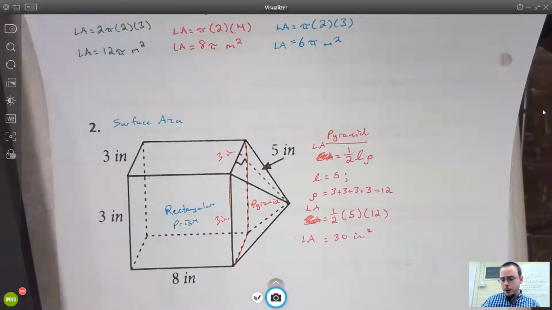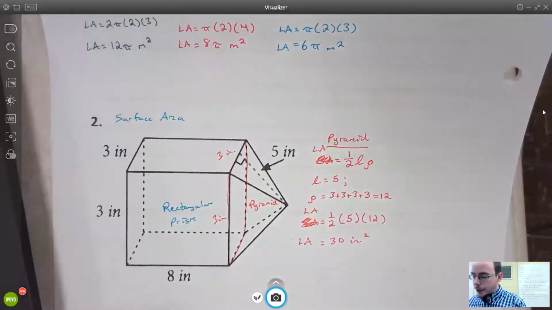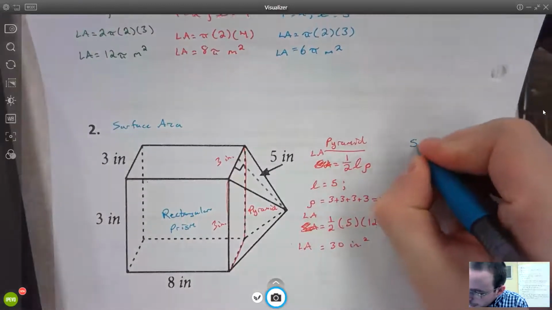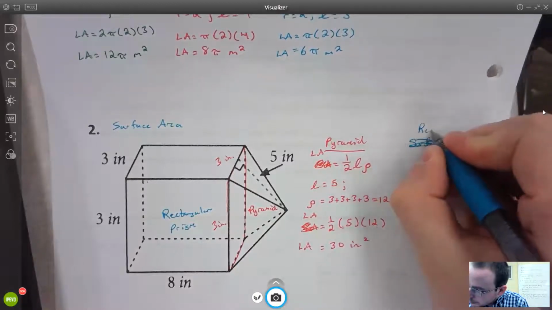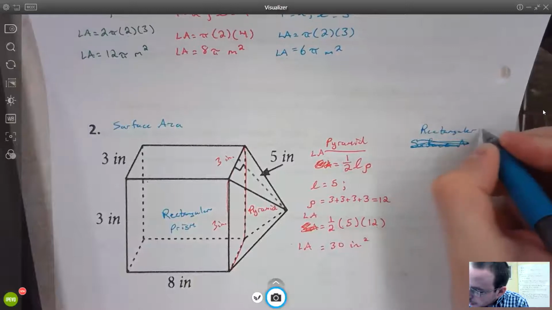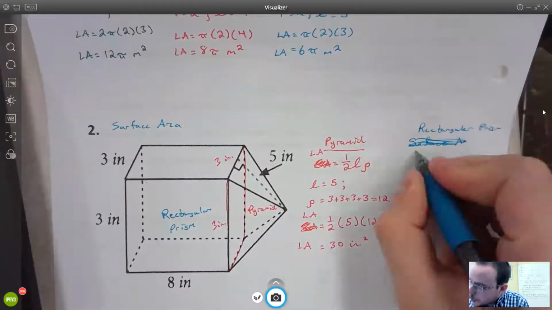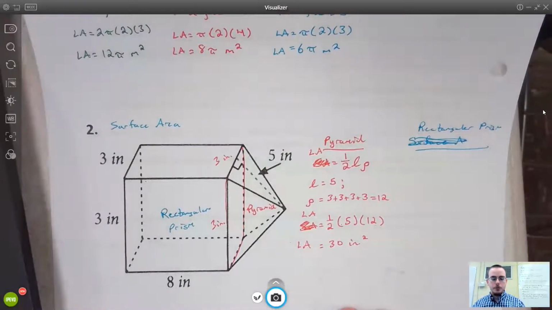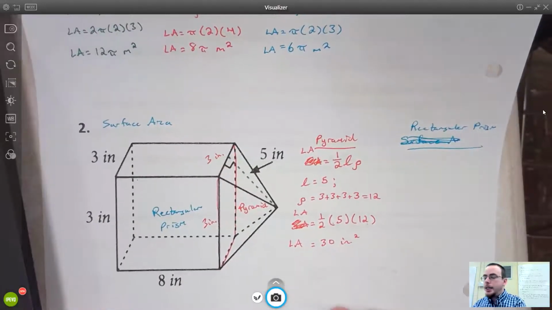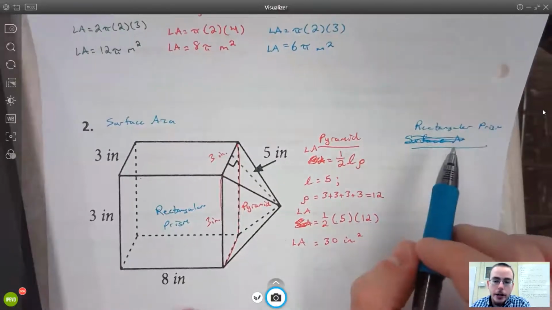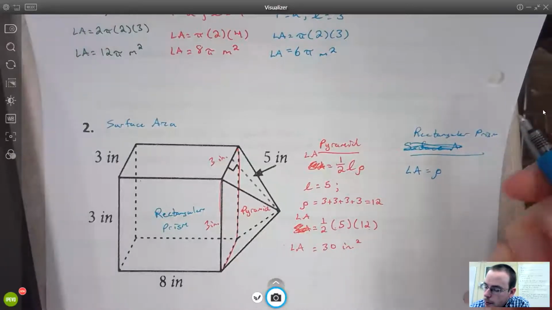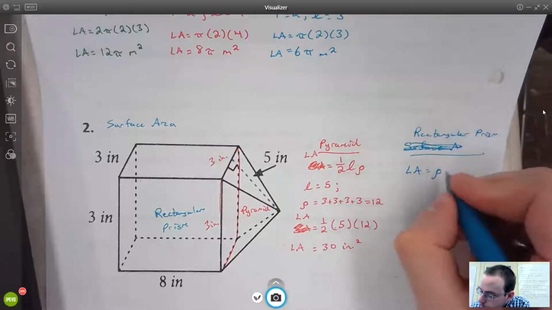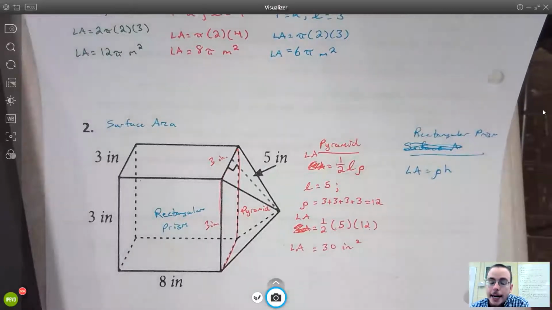Now for our rectangular prism, we need to determine the surface area of it. It's a little bit tricky for the rectangular prism. There is a lateral area formula for it, but it's not given to you on your formula sheet. The rectangular prism's lateral area is simply the perimeter of the base times the height of it.